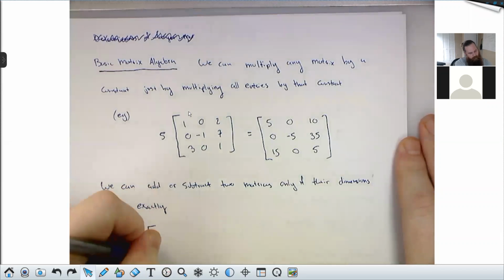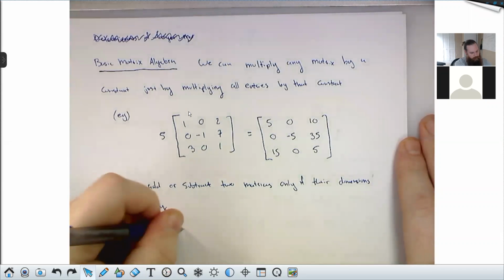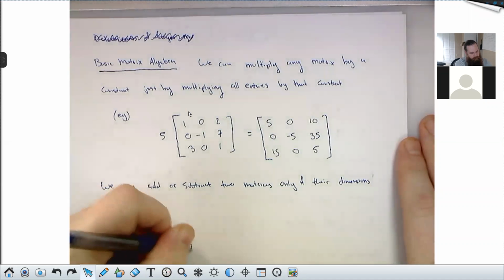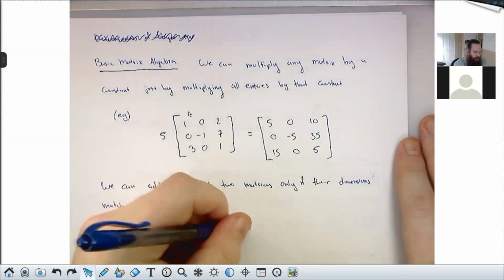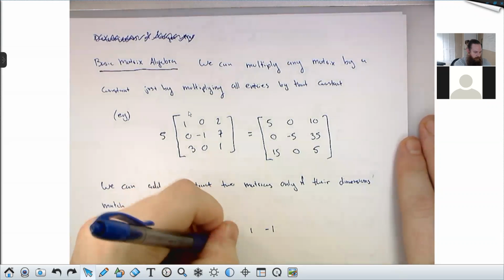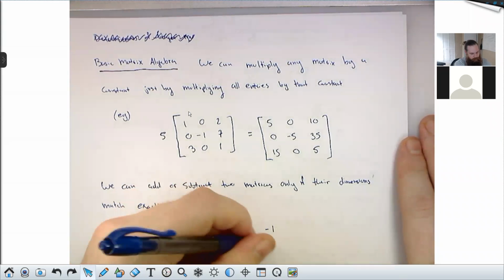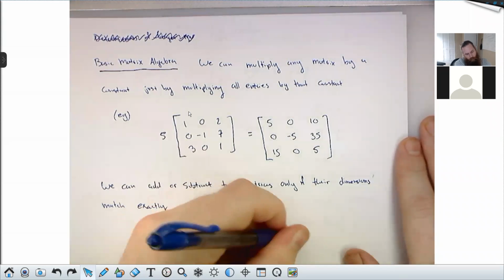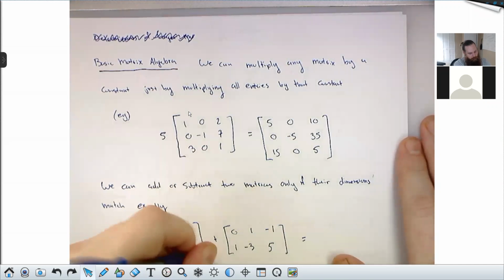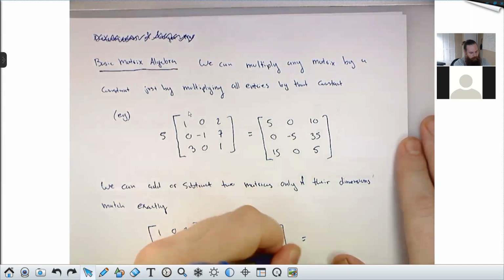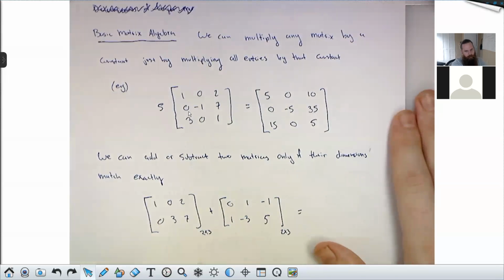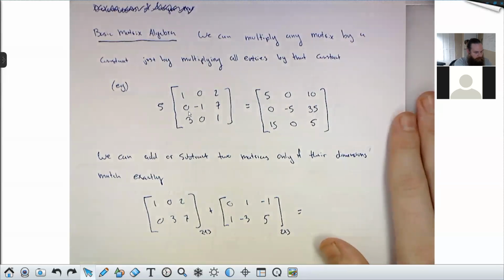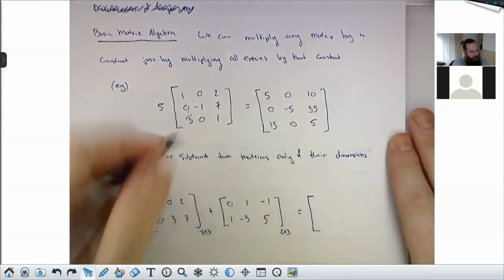So like 1, 0, 2, 0, 3, 7 can be added to 0, 2, negative 1, 1, negative 3, 5, because they're both 2x3s. The first and second numbers are the same, so now we can add these, and you just add them component-wise.